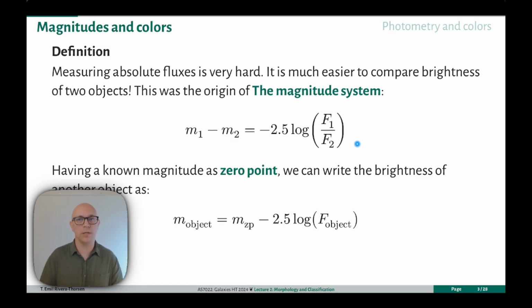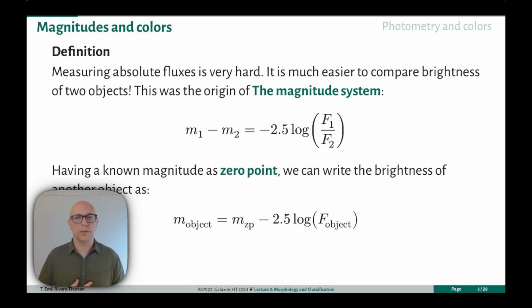So as you can see, the magnitude system is fundamentally a logarithmic system, which is something that would seem natural given that the human eye is logarithmically sensitive to light, or at least approximately logarithmically sensitive to light. So the magnitude system sort of reflects how the human eye works.